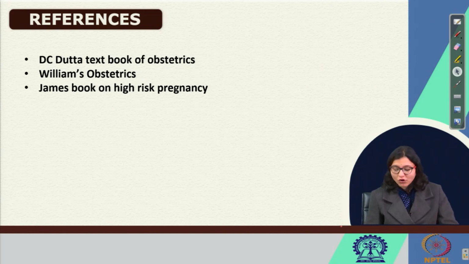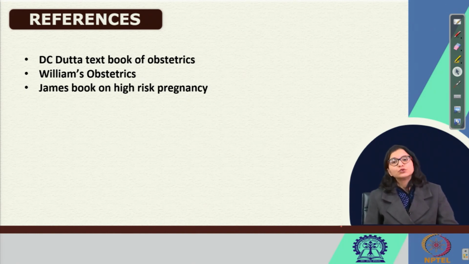So, that was all regarding the mechanism of labor. References mostly have been taken from Dutta's book of obstetrics, Williams Obstetrics 26th edition, James' book on high risk pregnancy, and also the Oxorn-Foote book on labor, right.